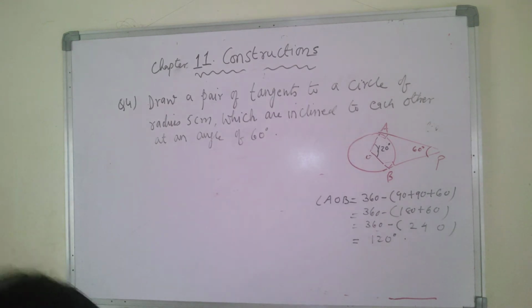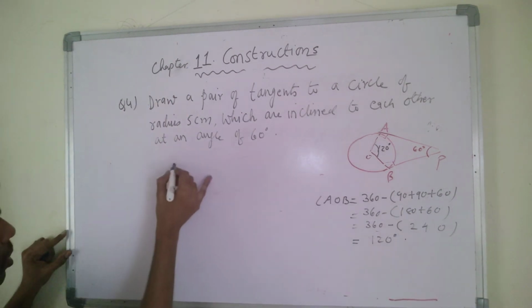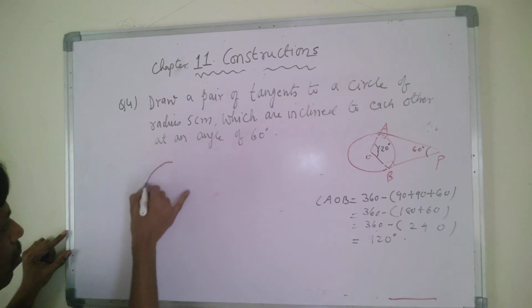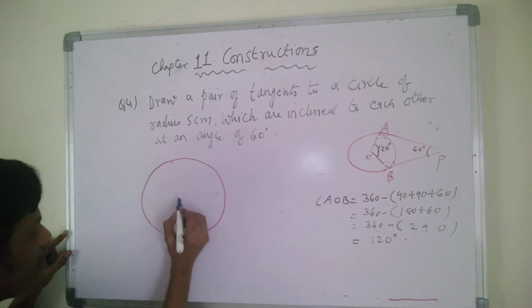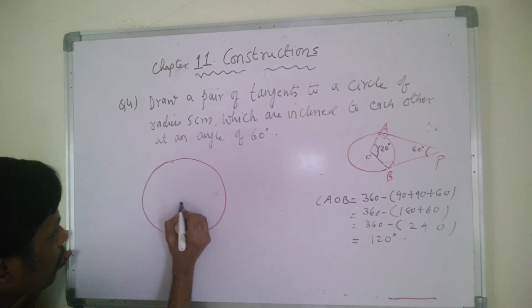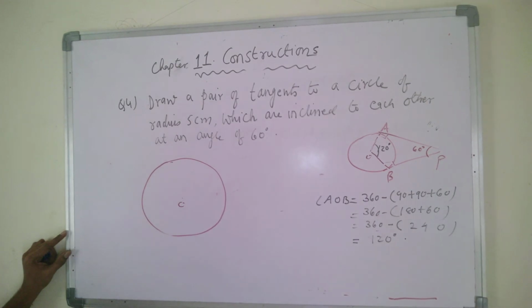So let us begin. So what I'm going to do? I'll draw a circle of radius 5 centimeter as usual. So here we go. So I have taken a circle of radius 5 centimeter. So with O, clear? That's what you're going to do.